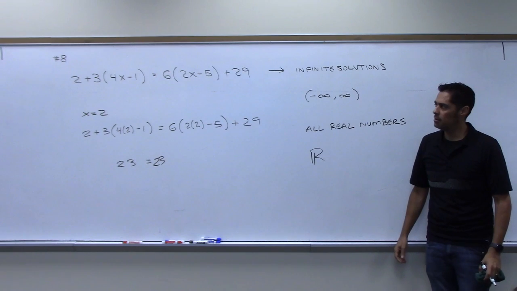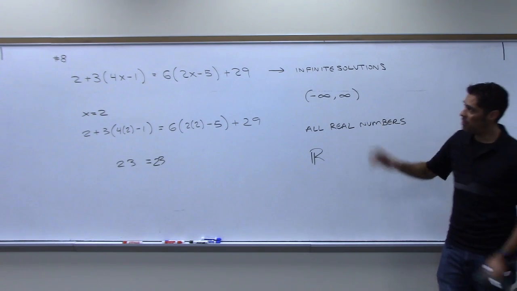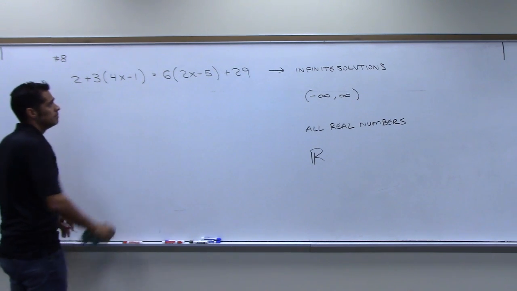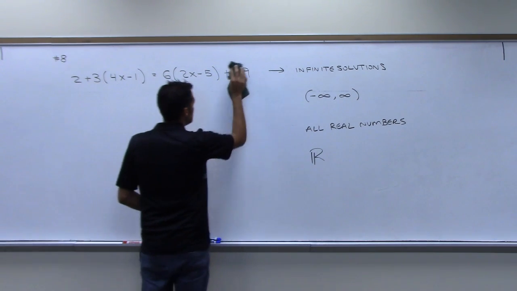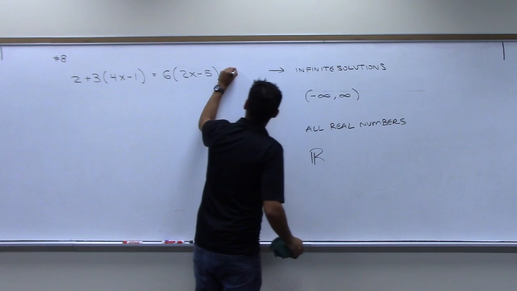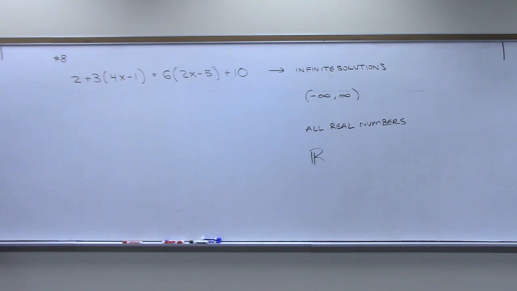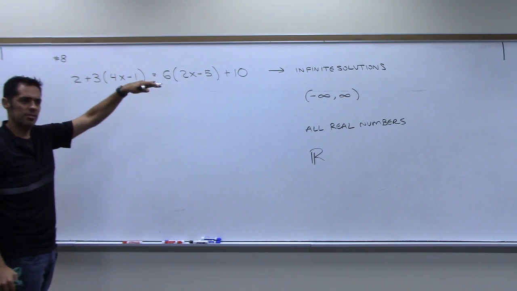All right. I want to do something. I want to put this problem back up here. I want to start it over. I'm going to change something though. I'm going to change this 29 to a 10. All right? And we're going to work through the whole thing again. So we distribute the 3 through, we distribute the 6 through.